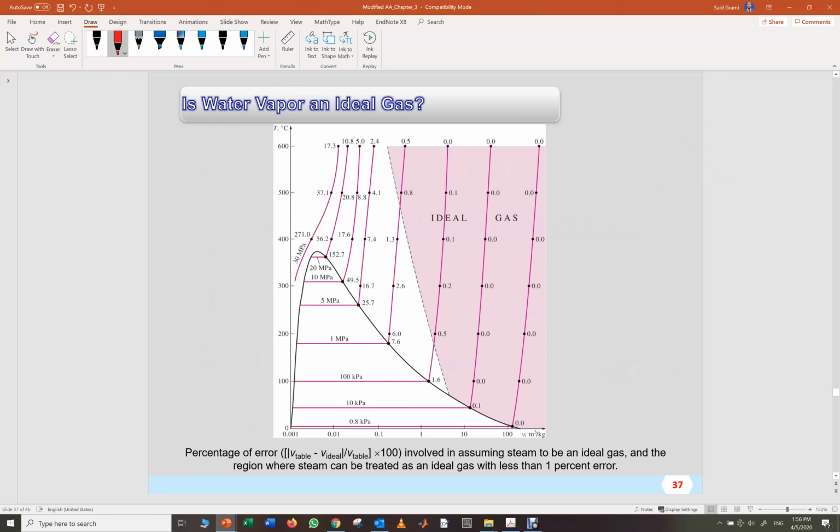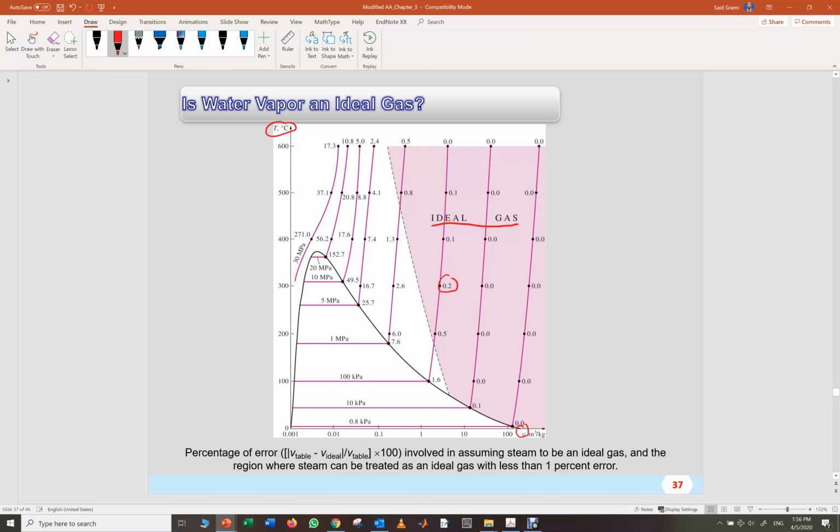This is the curve of T versus v, specific volume, and here we define the region of ideal gas. It depends on the temperature and specific volume, and these values are the percentage of error: v table minus v ideal divided by v table multiplied by 100, involved in assuming steam to be an ideal gas.